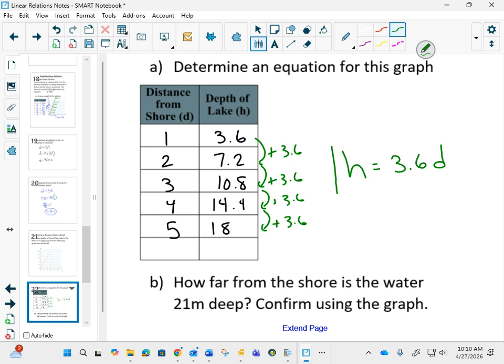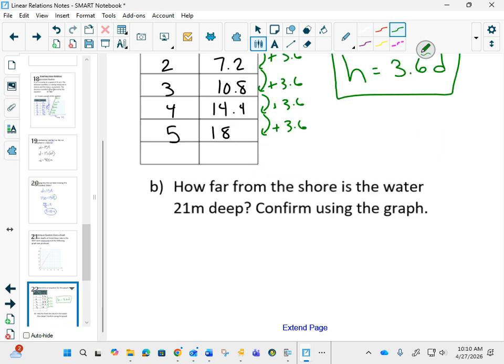So once we've got our formula, how far from the shore is the water? Is the water 21 meters deep?